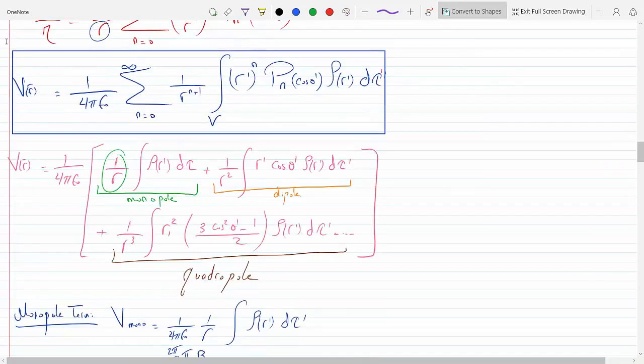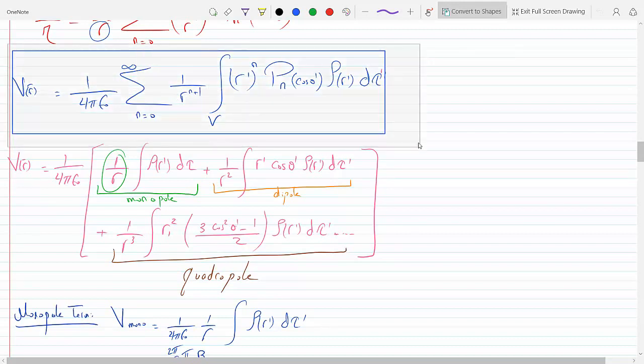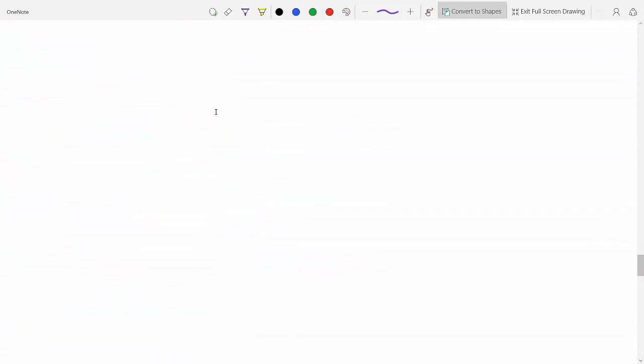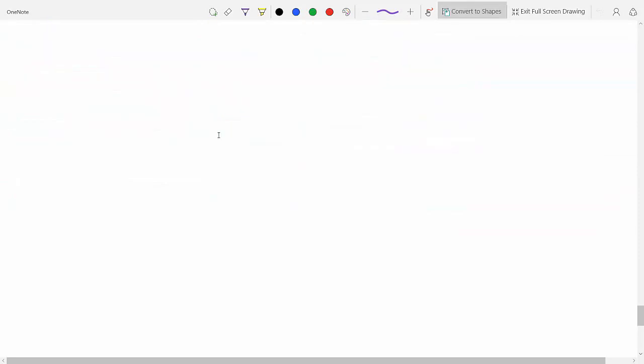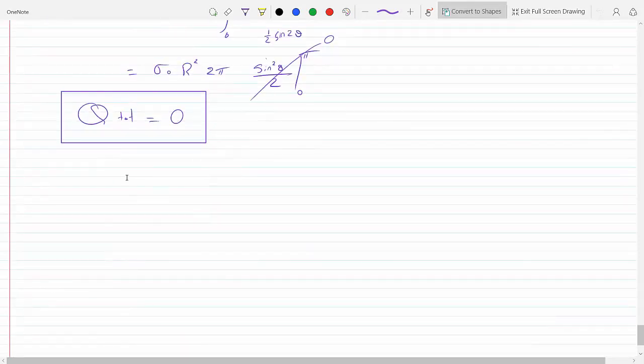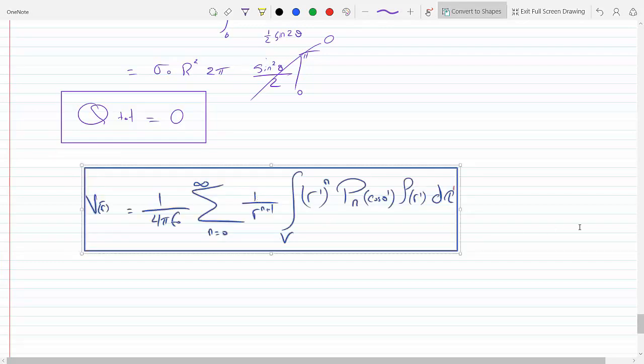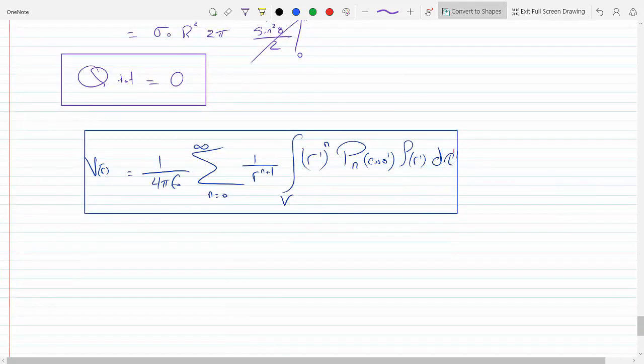But since we've already done it, if you want, we can just pick up the result here and use it directly because we've already derived it. So let me copy and paste this down there. Okay, this is the result we got last time when we did the multipole expansion from scratch.